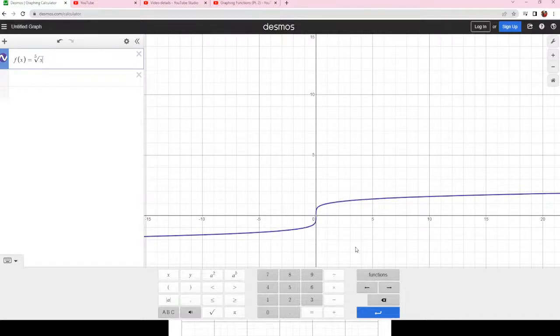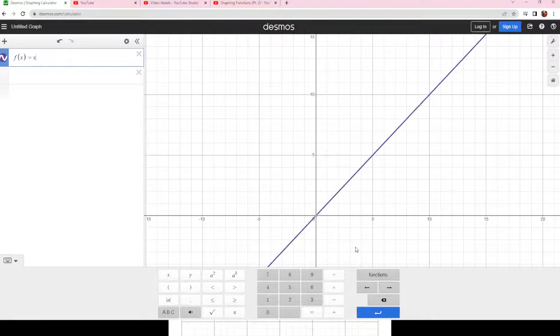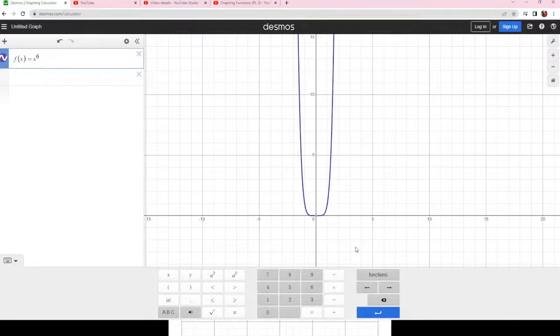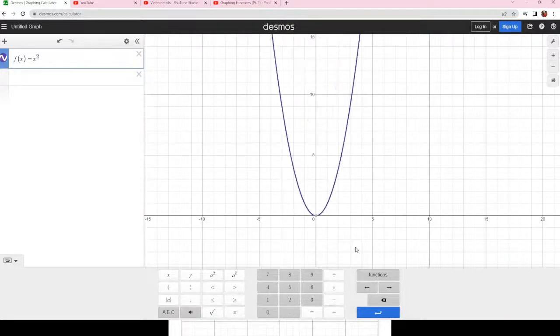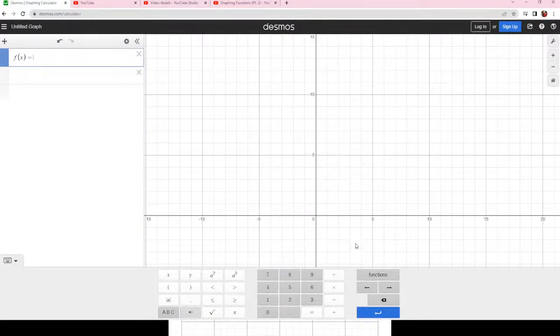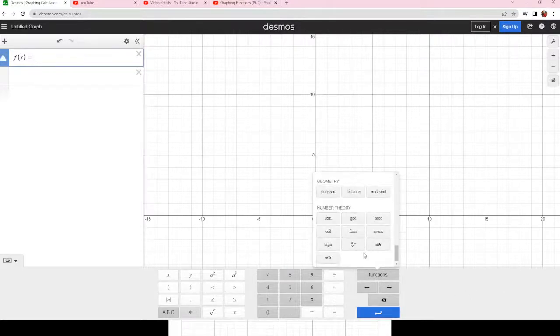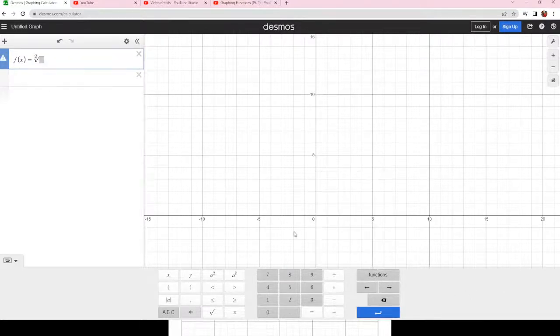Okay? Odd numbered root. Compare that with if it's making that curvy shape. Okay? All right, we're going to make that U shape. That is an even numbered exponential function. And if it is an even numbered root, we're going to make that sort of off into infinity and beyond shape.